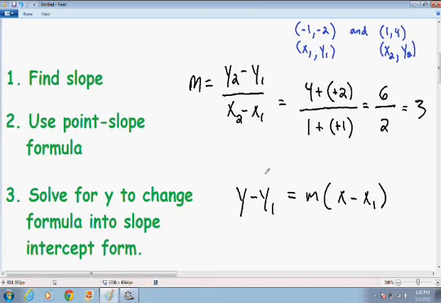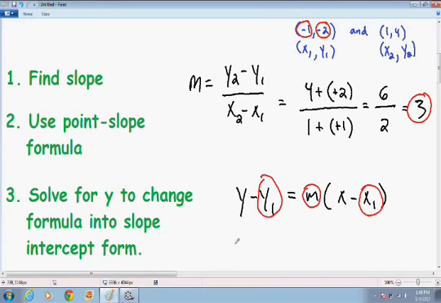The purpose of this formula is that we want to fill in our values for y1, for our slope, and for our x1. We know what all these values are already. Our slope, our m, is 3. We have our y1, which is -2, and we have an x1 of -1.